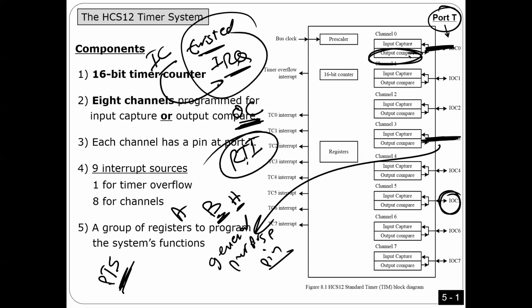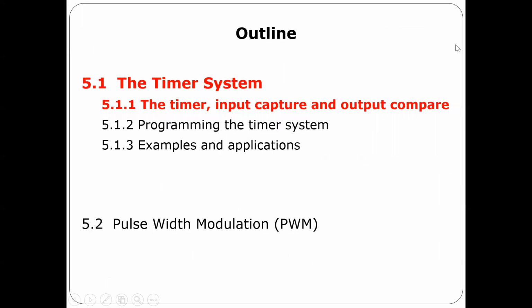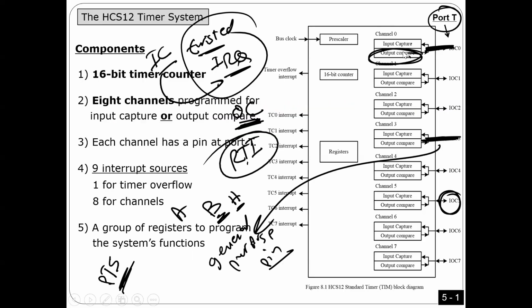The conclusion is, in the timer system here, guys, we have 8 pins, right? 8 channels. Every channel you can program as input capture or output compare. Or, as I'm explaining here, you can make it like IRQ, or like RTI, or it can be a general pin like port B, port J. You can connect an LED, you can connect a switch, you can connect a buzzer.